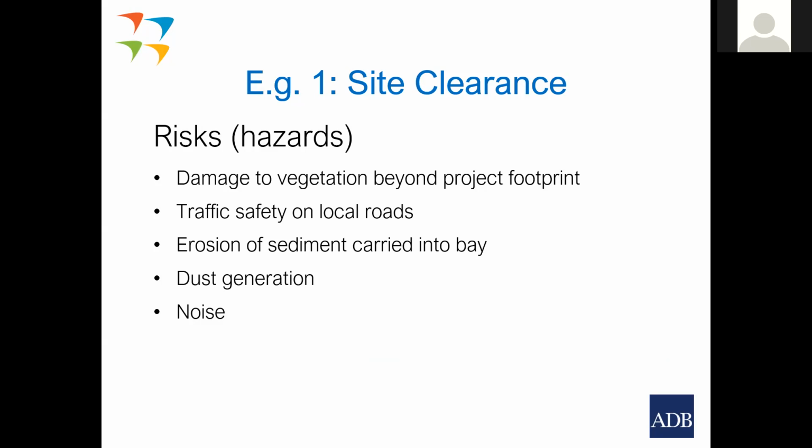That could have an impact on roads. Erosion of sediment carried into the bay by site clearance activities, dust generation, and noise. These are the potential risks associated with site clearance, and they're very common risks associated with any project construction site clearance.